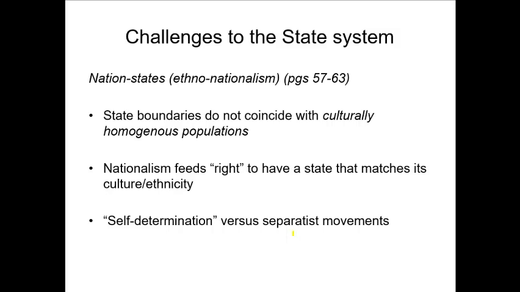A lot of these regions were carved up with borders that had no real consideration of cultural elements. And so, therefore, you've got a lot of countries out there that remain unstable because these cultural elements cannot get along or cannot coexist. And so, this concept of ethno-nationalism means that these ethnic groups would like to have their own country.